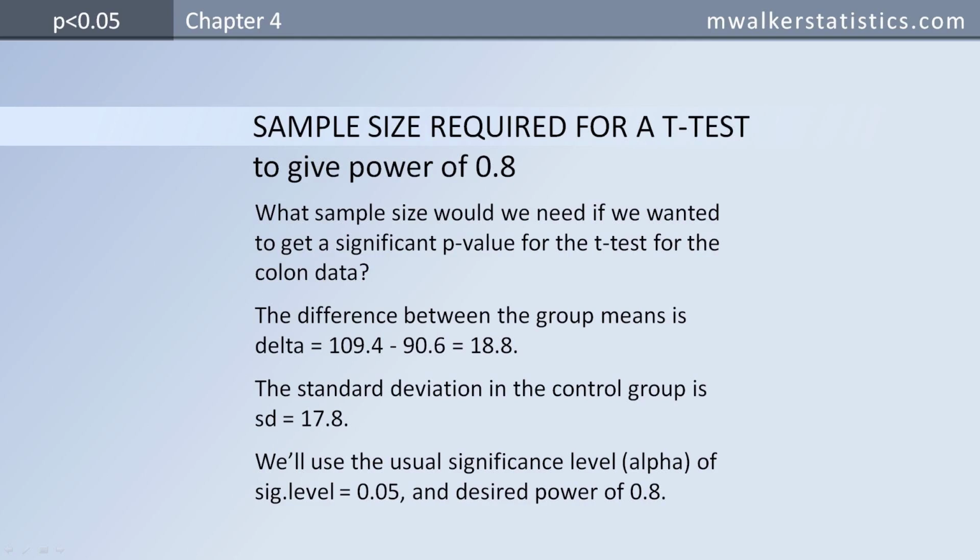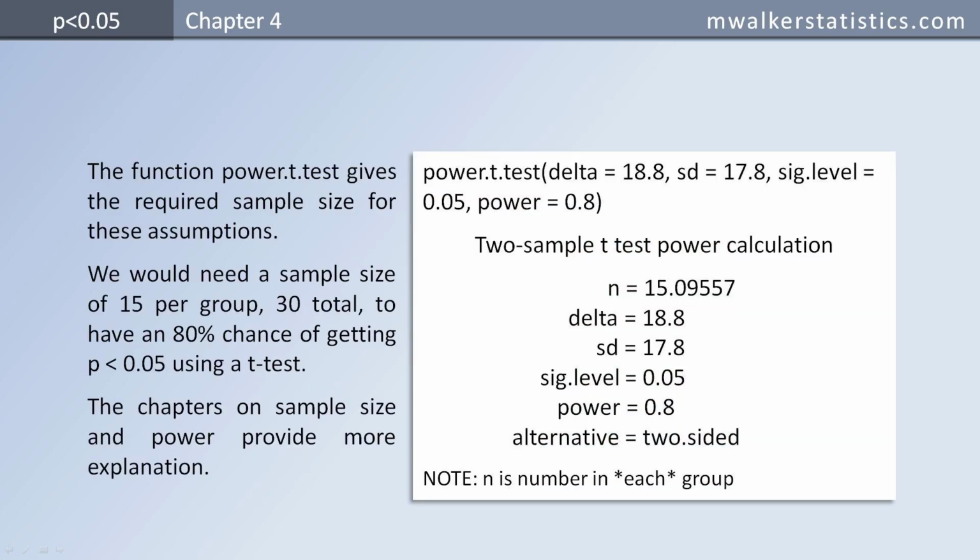We'll use the usual significance level, alpha, of sig level equals 0.05 and desired power of 0.8. The function power t-test gives the required sample size for these assumptions. We would need a sample size of 15 per group, 30 total, to have an 80% chance of getting p less than 0.05 using a t-test. The chapters on sample size and power provide more explanation.